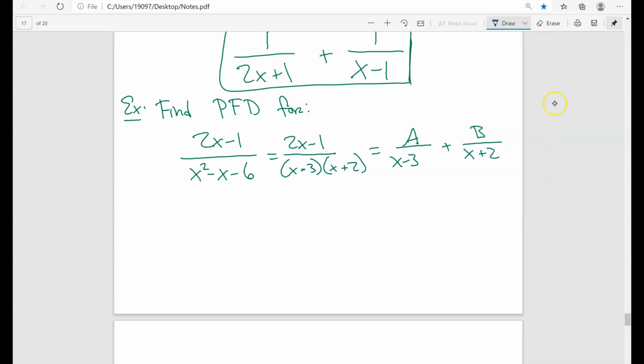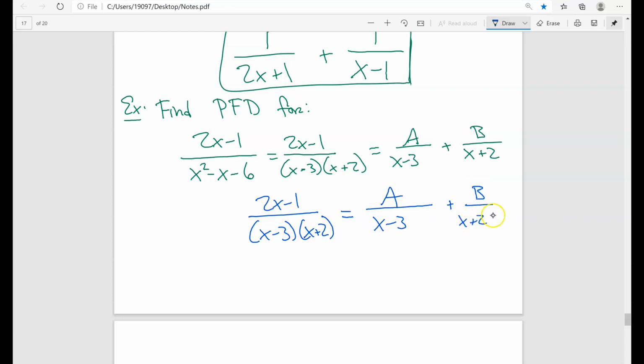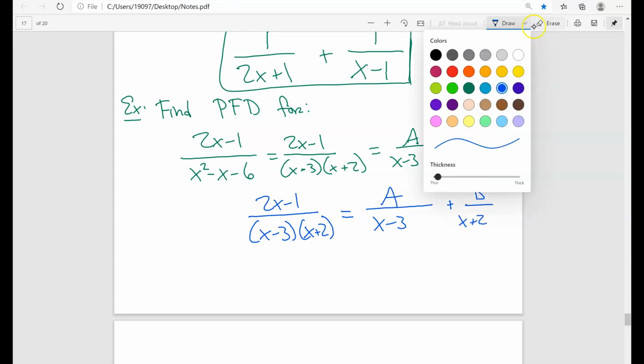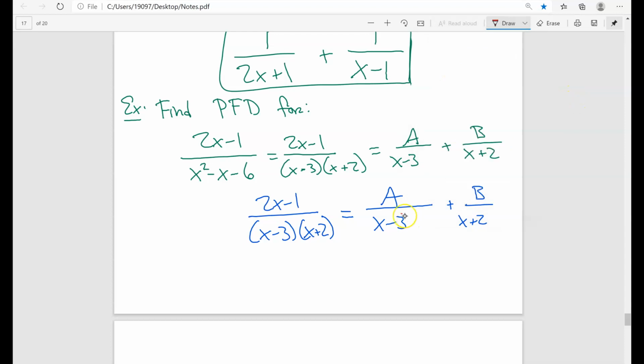Okay, so now that I have that, I'm going to write it again: 2x minus 1 over x minus 3, x plus 2. Notice I have this one, and I also have this one. What I want to do is find what they both have in common. In this case, this one I have to multiply by x plus 2, and this one I have to multiply by x minus 3.